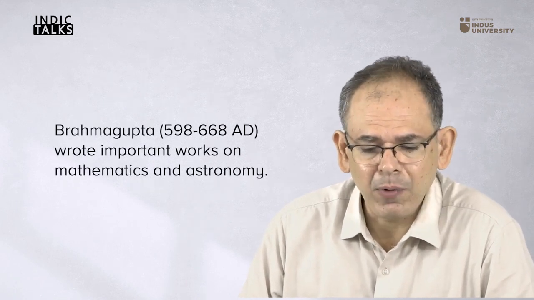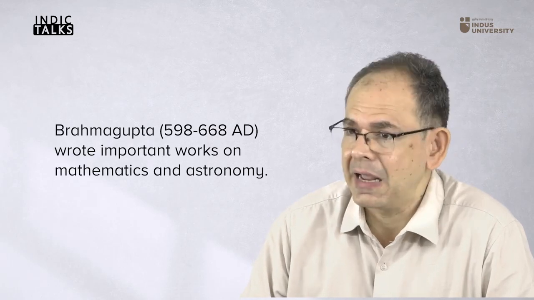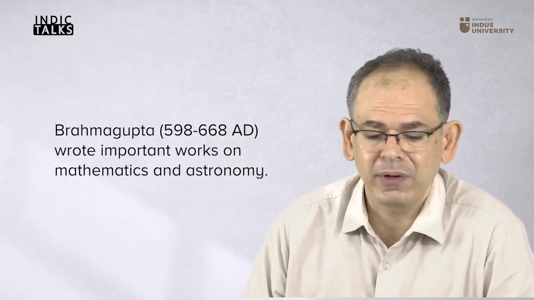Now, who was Brahmagupta? Brahmagupta had written important works on mathematics and astronomy in the 7th century AD. In particular, he wrote Brahmasphut Siddhant, meaning the opening of the universe, in the year 628 AD.